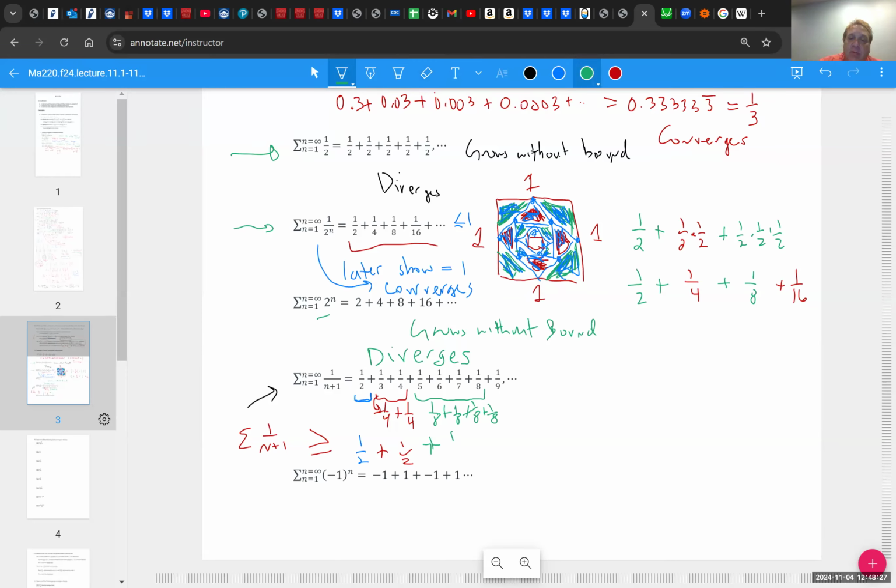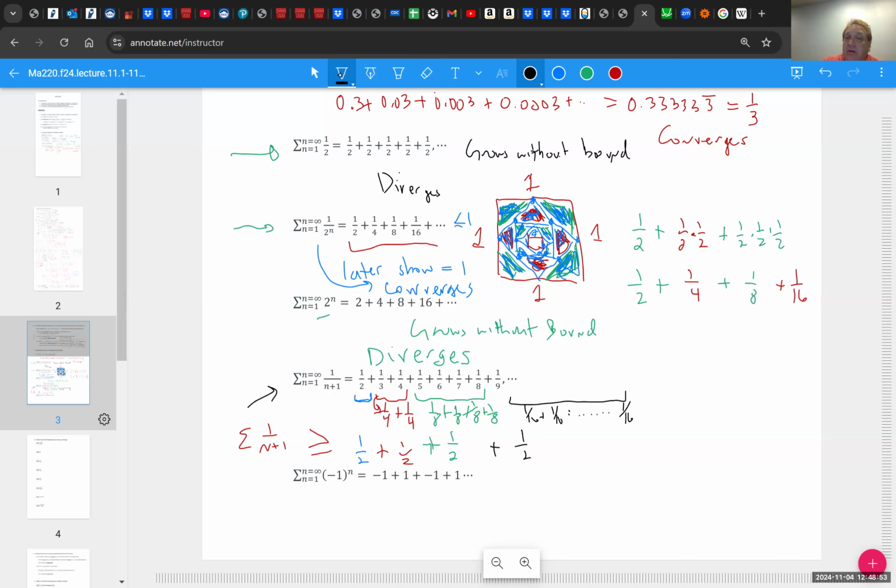So the next four numbers added together, the original series, is going to be larger than 1/8 plus 1/8 plus 1/8 plus 1/8, which is 1/2. And I could do the same thing with the next eight numbers. The next eight numbers, I'm going to make 1/16 plus 1/16 plus 1/16, and those are going to all add up to 8/16, which is again 1/2.